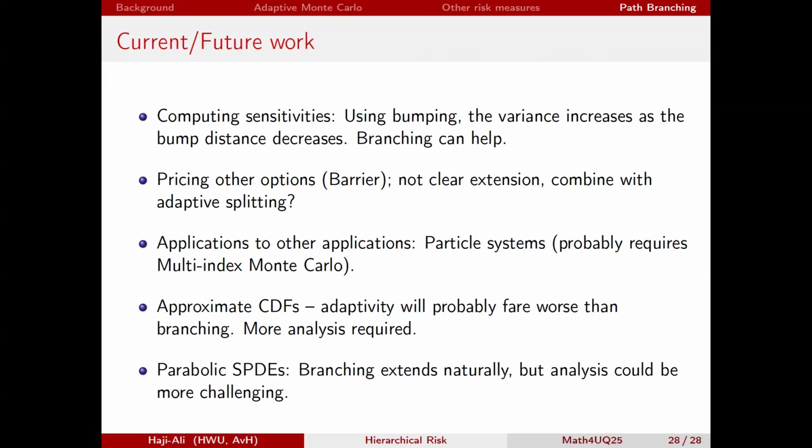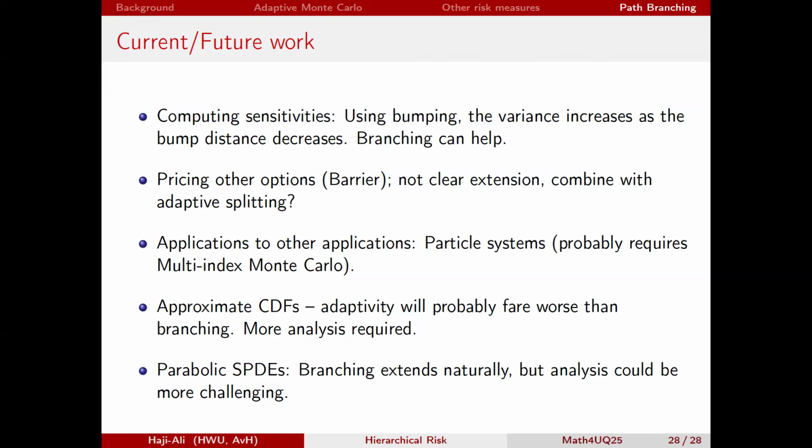We can apply other methods, for example, particle systems, which would require proving these kinds of conditions for particle approximations. This is something that I also think will be very natural, which is not just approximating one discontinuity, but approximating a series of discontinuities to approximate a CDF, where adaptivity, I think, will not be as good as branching.